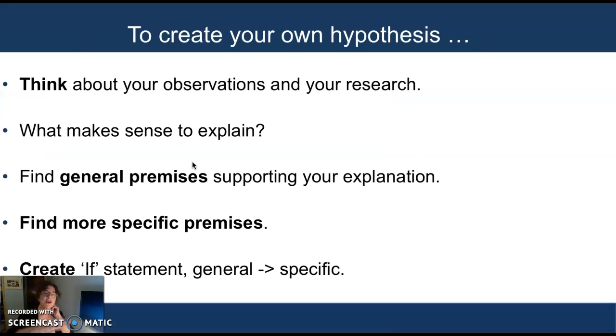So to create your own hypothesis, your own prediction about why that island burned, I think about my observations, I think about my research, and I think about what makes sense. And I find the very broad premises that support my explanation for things. And then I get more specific. A very broad if.